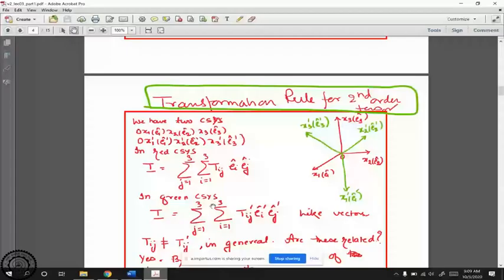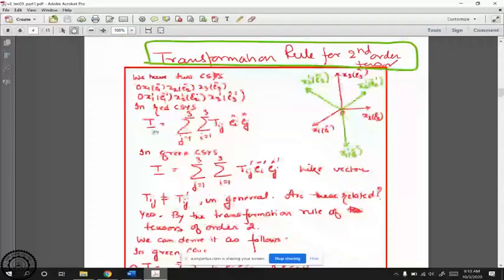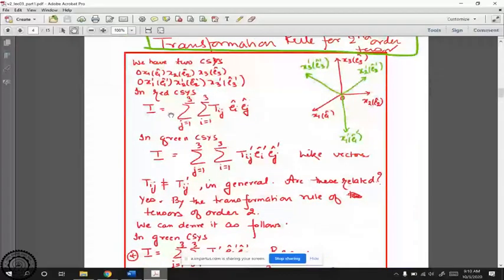And in the last class, I derived a relationship for first order tensors or vectors. Using similar ideas, now we can derive the transformation rule for a second order tensor as well. So I have two coordinate systems denoted by like this, one green and one red.